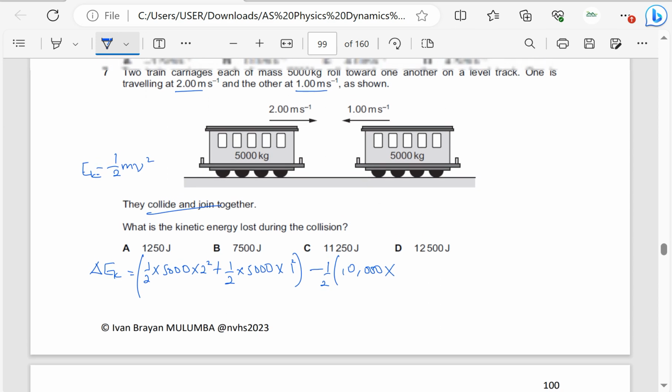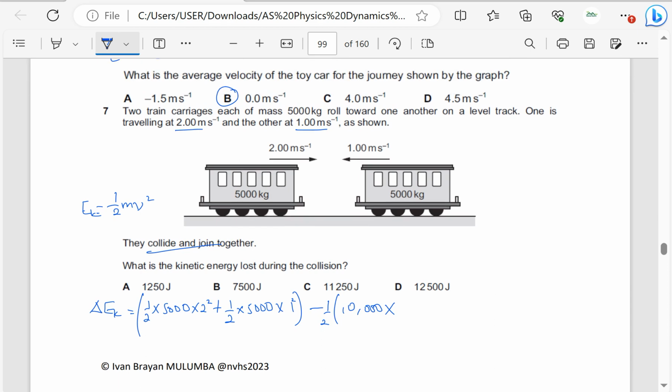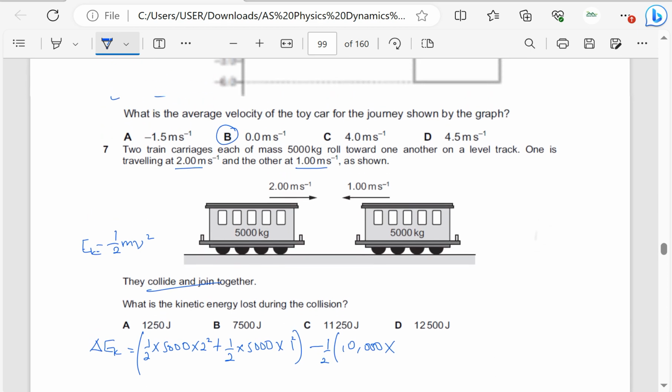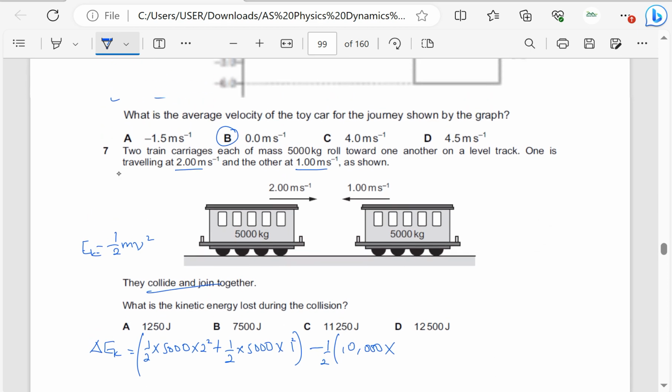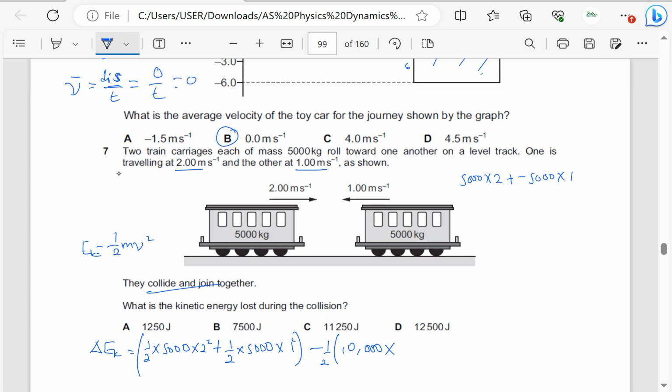After collision, they stick together and move with the common velocity. Oh, I have to find that common velocity. By conservation of momentum, total momentum before collision is going to be 5,000 times 2 plus negative, because the other one is in the opposite direction, 5,000 times 1. So this is total momentum before collision.